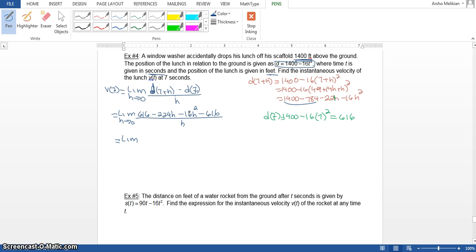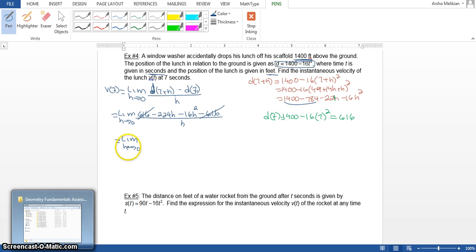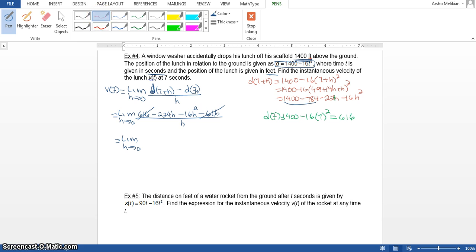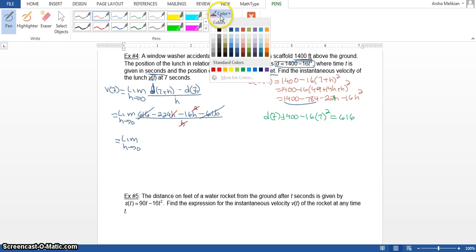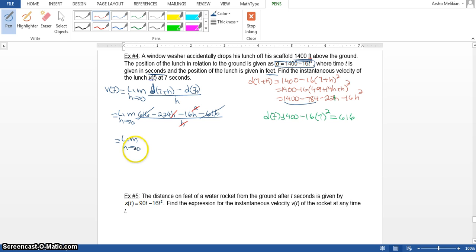So that's the limit as h approaches 0 of, all right, now these will go away. And I told you before that we can cancel out this h with each of these. You just have to be careful that you cancel one from every single term though. And we get, finally, the limit as h approaches 0 of negative 224 minus 16h.